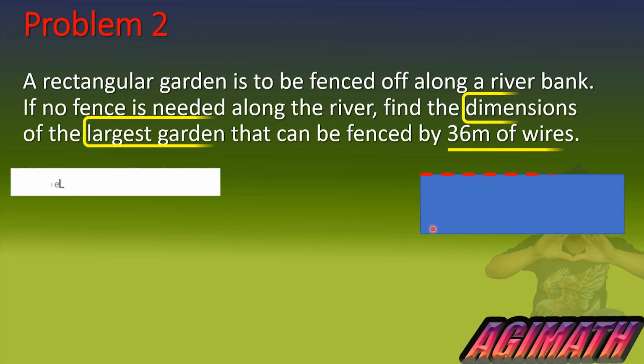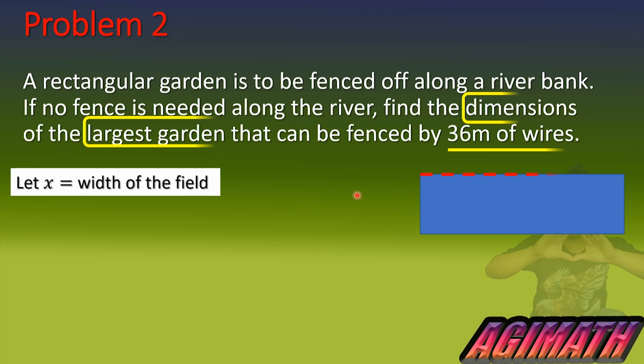Okay, so let us start. Again, in problems like this, these geometric problems, we need to have a representation for the length and the width. So with this, we can start with let x be equal to the width.